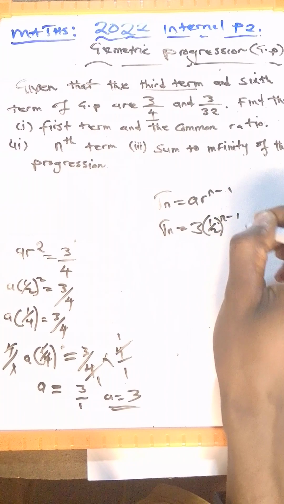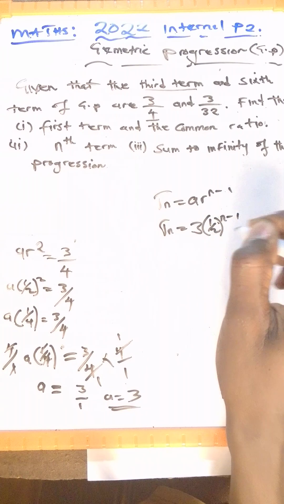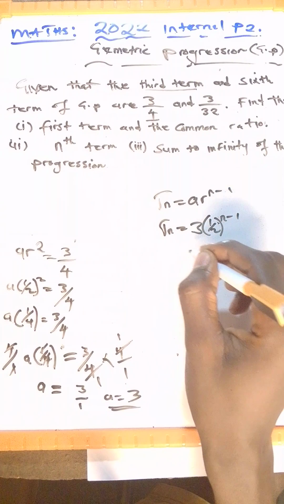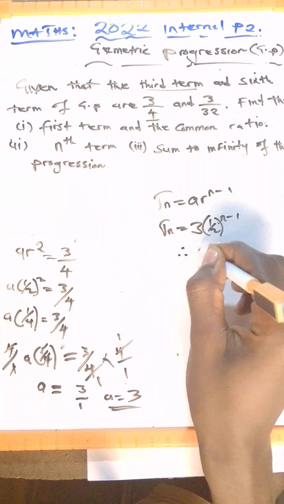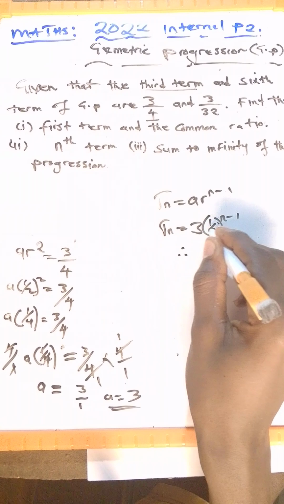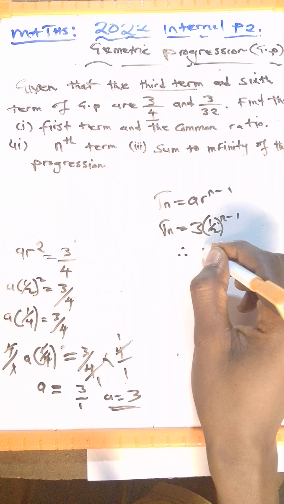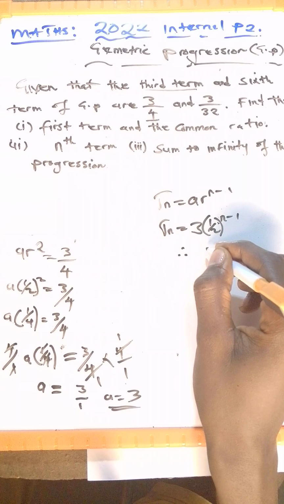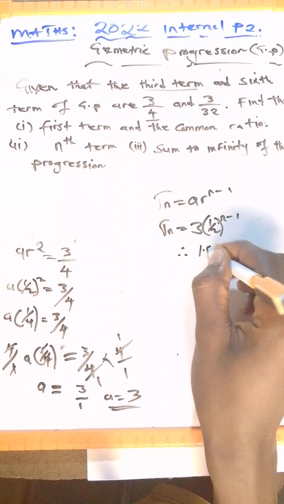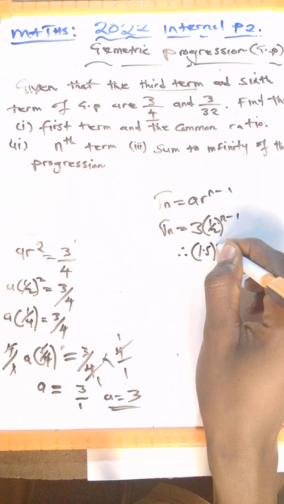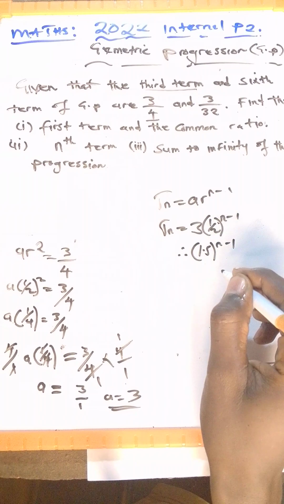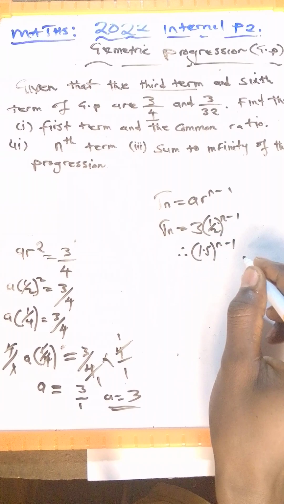Then n, we don't know, minus 1. So we can simplify here to say the half of 3 will give us 1.5 to the power n minus 1, or 0.5.